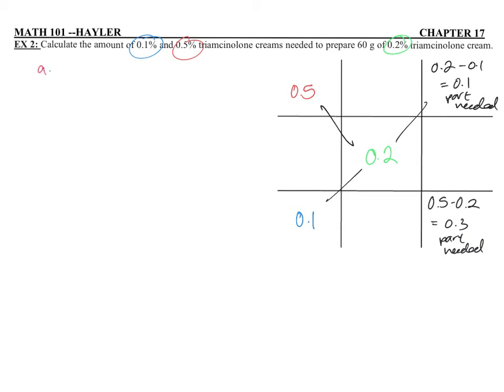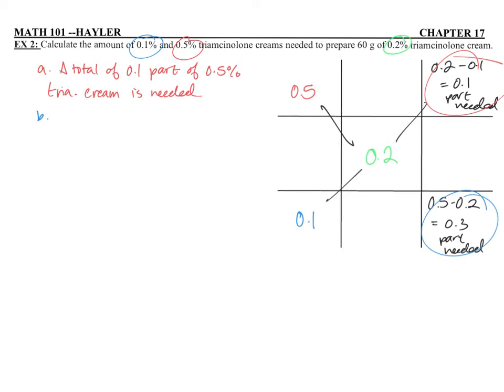So real quick, part A, we have a total of 0.1 part of 0.5% cream is needed. And then next we have a total of 0.2 part of the 0.1 cream is needed.